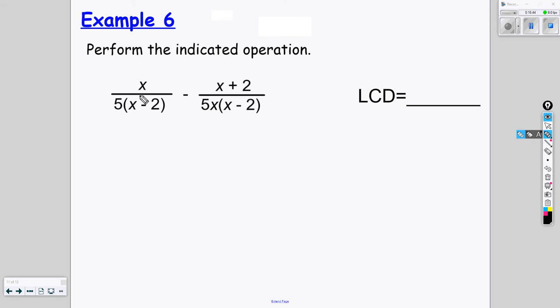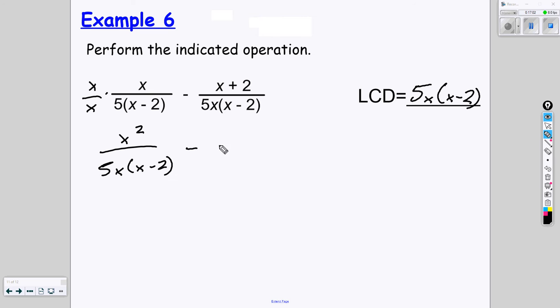So this one's just missing an x. So the LCD is 5x times x minus 2. And all we have to do to get that same denominator is multiply by x over x on that left fraction. So that means we'd have x squared on 5x times x minus 2 minus x plus 2 on 5x times x minus 2.